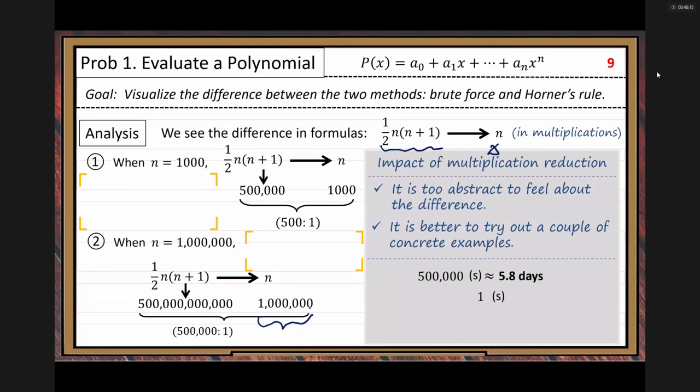So there is some good algorithm like this Horner's rule, and there is some bad algorithm like the brute force method. At the end, you want to give your customers this Horner's rule, this fast solution like our second one, not the first one.